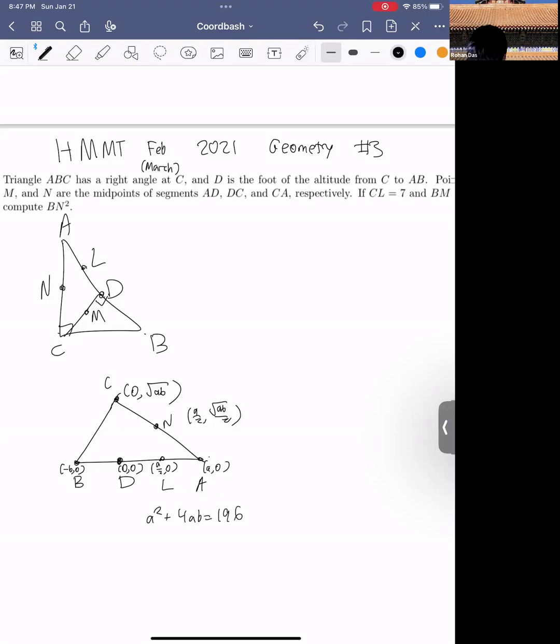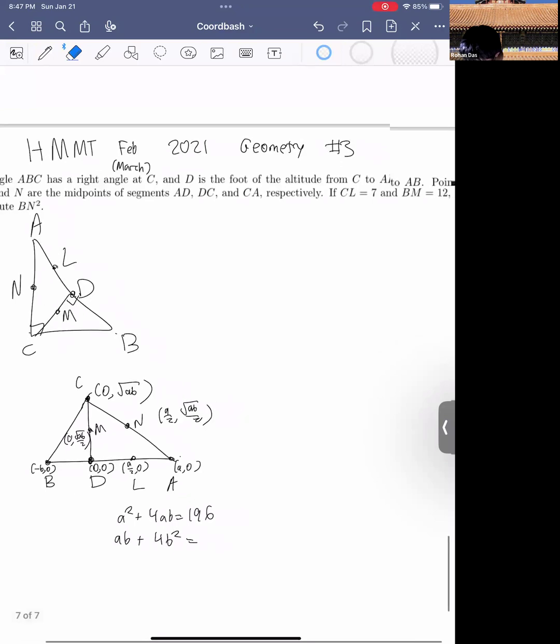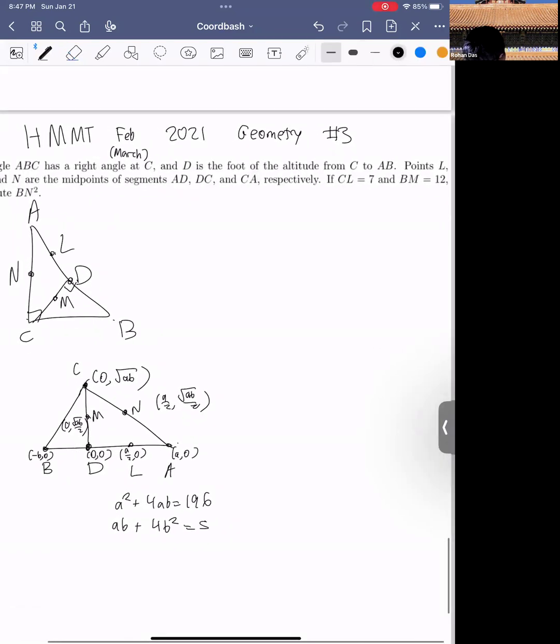For BM, which is 0, root ab over 2, this also depends on c, I forgot to mention, but again, it's going to disappear immediately. This time we get that ab plus 4b squared equals 576. So yeah, not particularly nice.